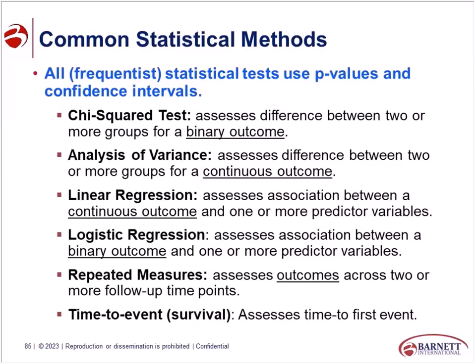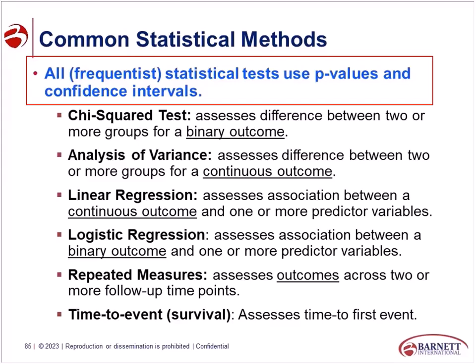These are common statistical methods that you'll come across. I'm not going to go through all of these in detail, but these are the common ones that statisticians will use to analyze data, and I'll go through them briefly. Now, all frequentist statistical tests use p-values and confidence intervals. We spent quite a bit of time looking at confidence intervals, understanding what they are and how to interpret them.